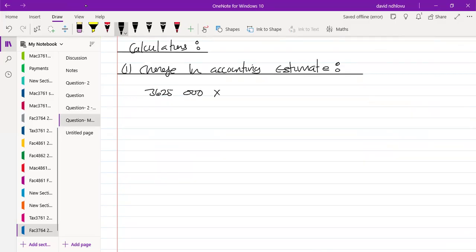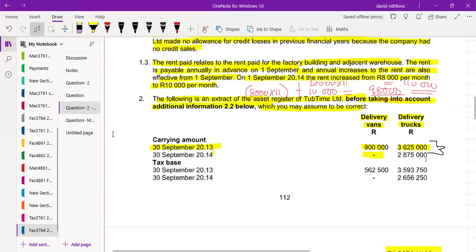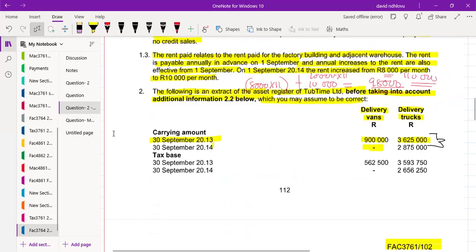So we start from there, 3,625,000. Then we say, what is the amount of depreciation that we should recognize in the current year with regard to this delivery vehicle? Now, we must make sure we have the carrying amount at the beginning of the year, because the change is applied on the carrying amount at the beginning of the year.